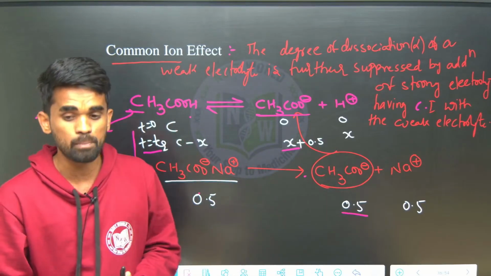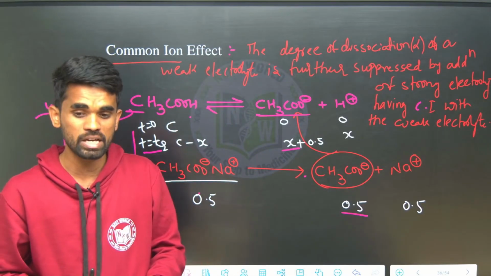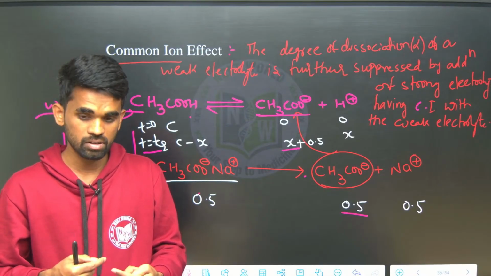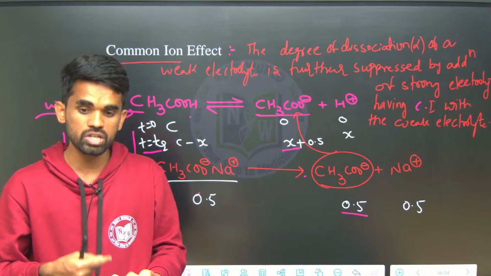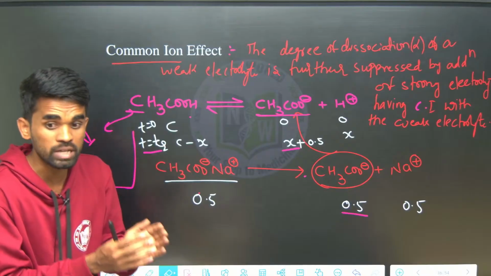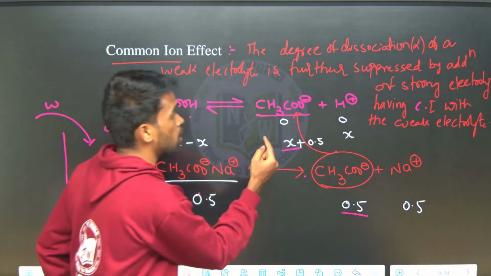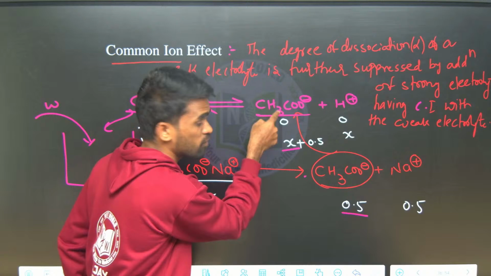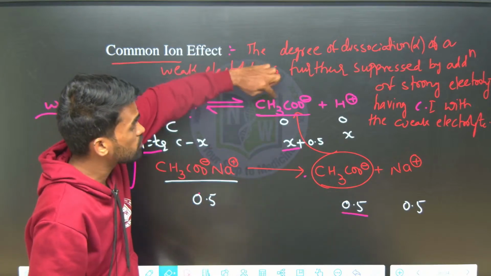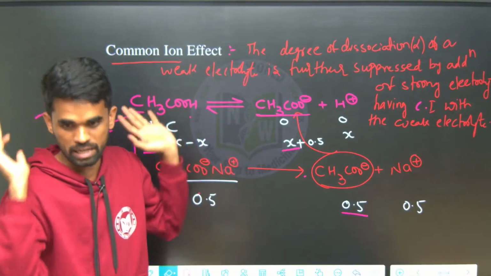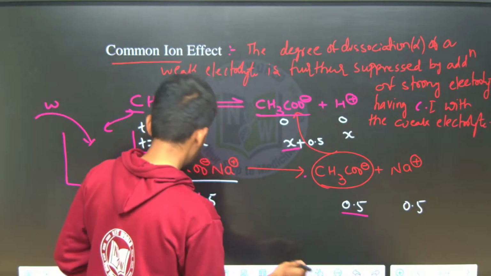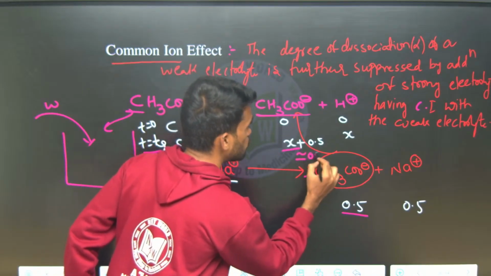But you know what happens? What is the common ion effect definition I gave? The suppression of dissociation of a weak electrolyte by addition of a strong electrolyte. So the suppression will take place to that amount when we compare the concentration of this ion from the weak electrolyte with this ion from the strong electrolyte. The concentration of that ion from the weak electrolyte is almost negligible. It means X plus 0.5 will be taken as just 0.5 only.